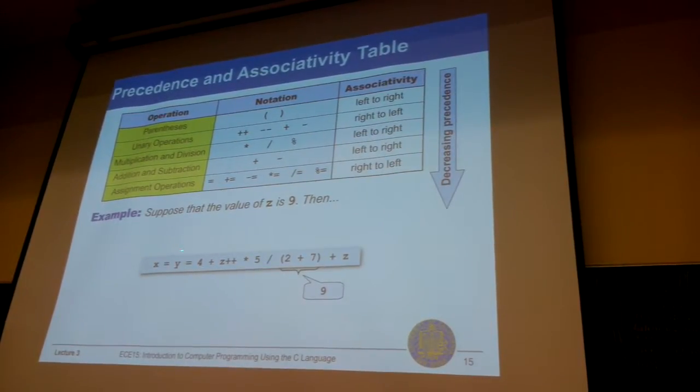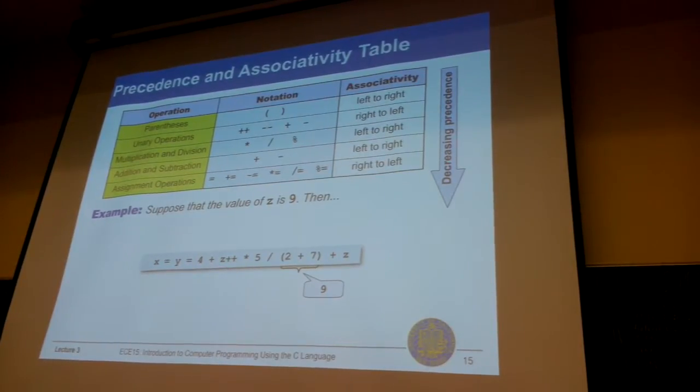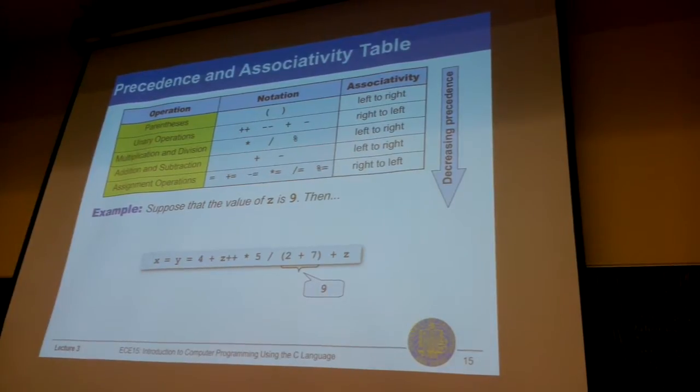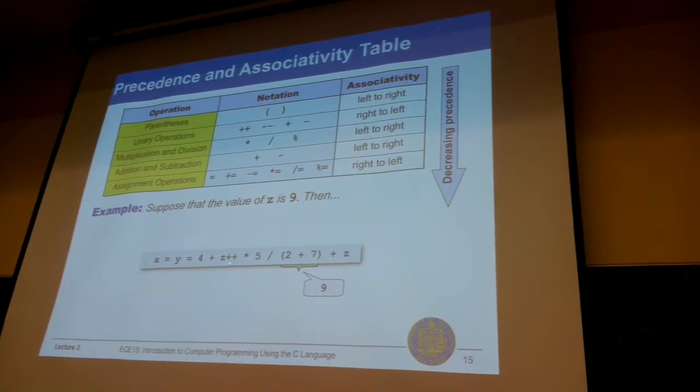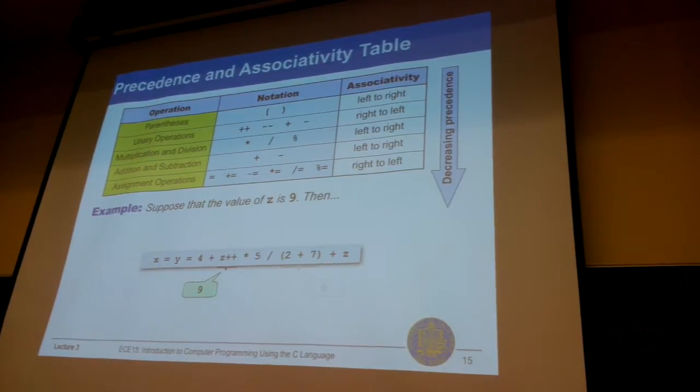But then we execute the unary operator, z plus plus. Since the plus plus is following the z, we're saying increment after you calculate the expression. And the expression here would be this multiplication, so we're holding off on incrementing. z will still be equal to 9 right now.